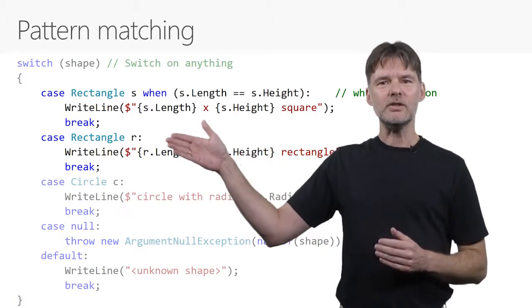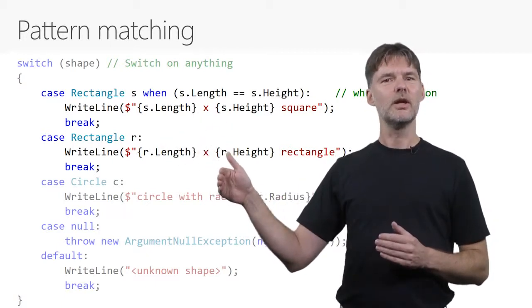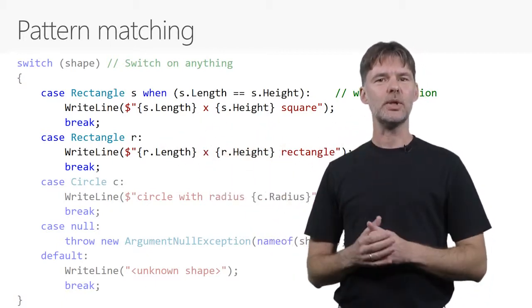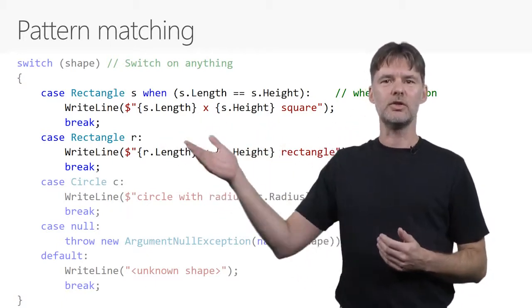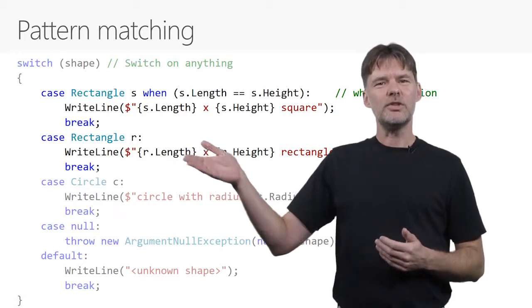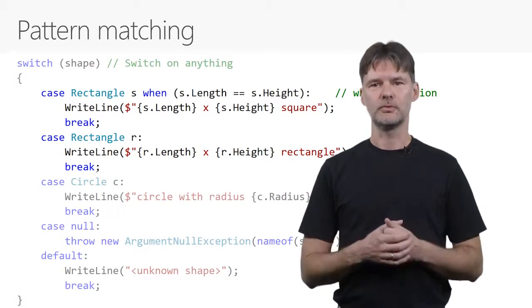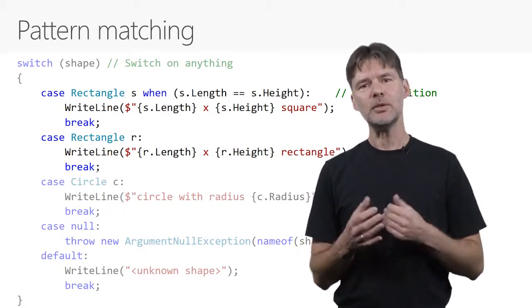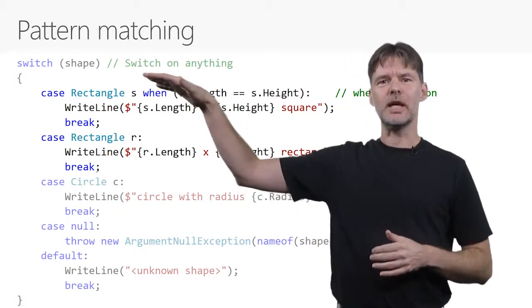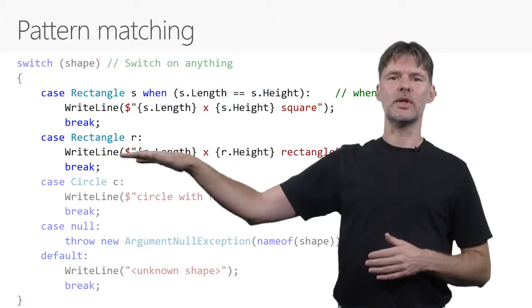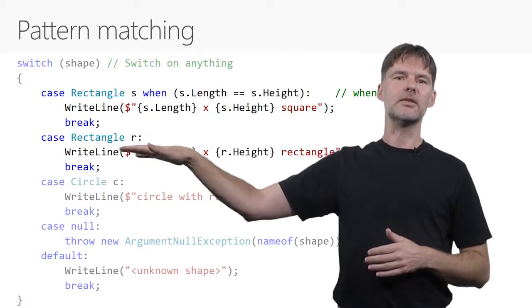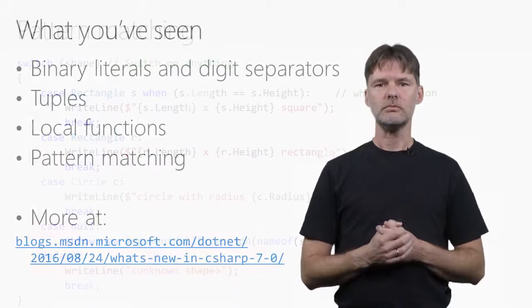So here, the case clause has a when condition, further filtering the input that it triggers on. The when condition is just any Boolean expression, which is similar to the exception filters that we added in C# 6.0 to catch clauses. And similar to those, if you don't fulfill the extra conditions, you just fall through to the next case, the next rectangle case in this example.